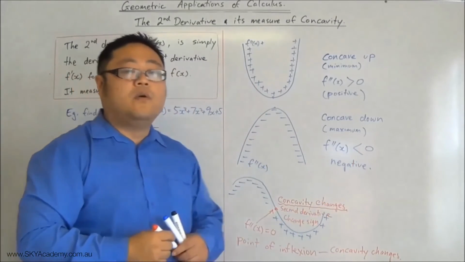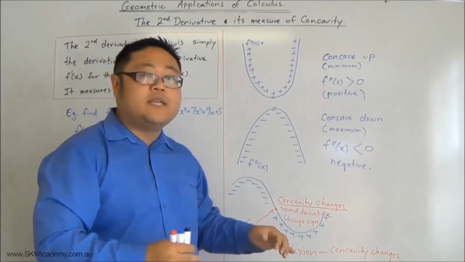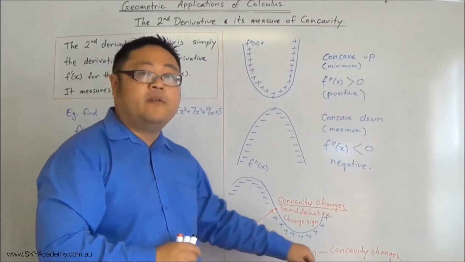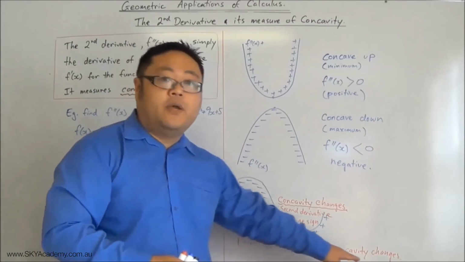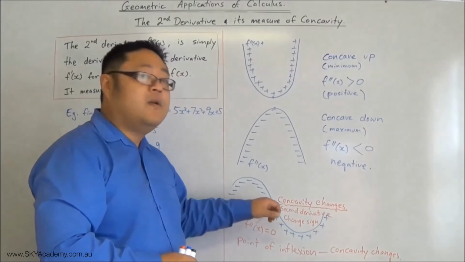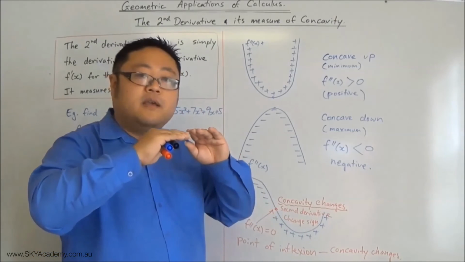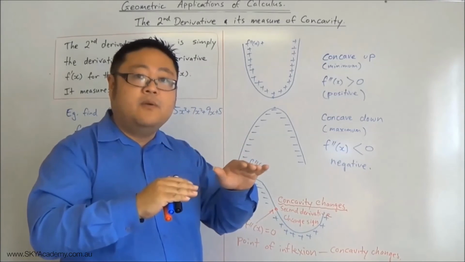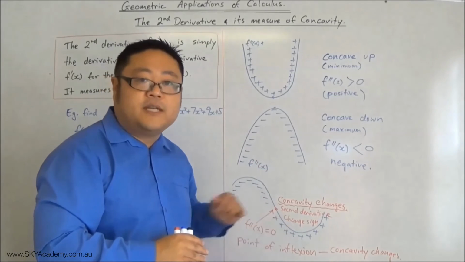In the last episode, we looked at a different type of point of inflection called a horizontal point of inflection, which is also where concavity changes, but where the gradient, the first derivative, is also equal to 0. In other words, it's a stationary point. But points of inflection don't have to be stationary points.